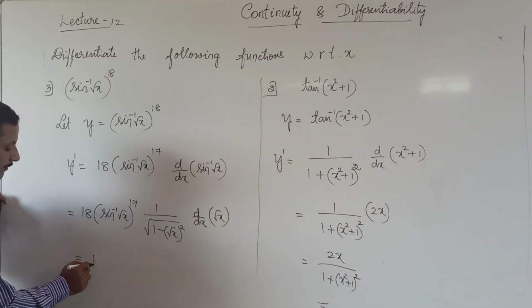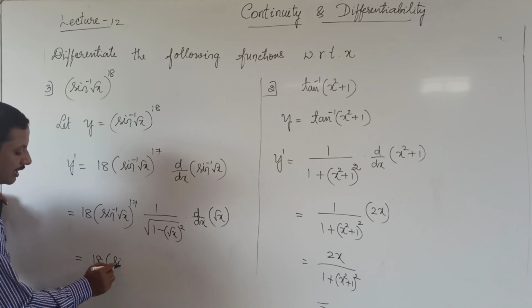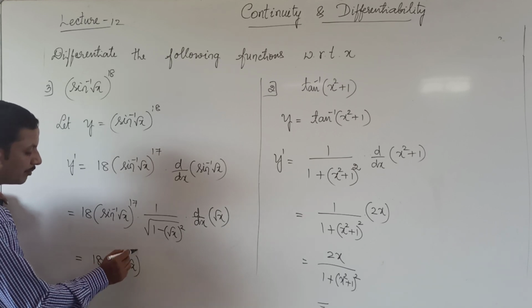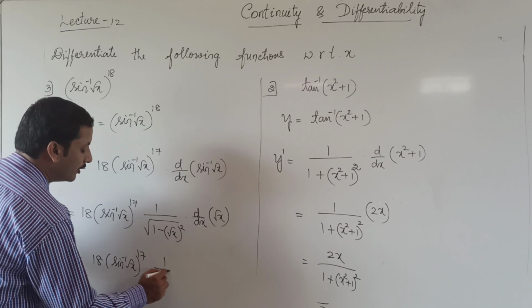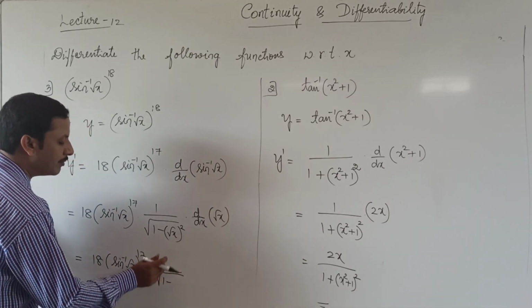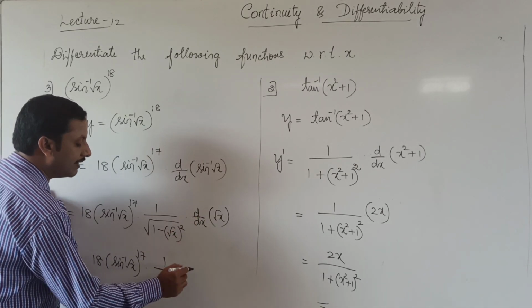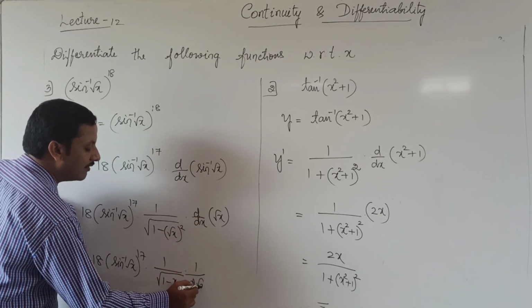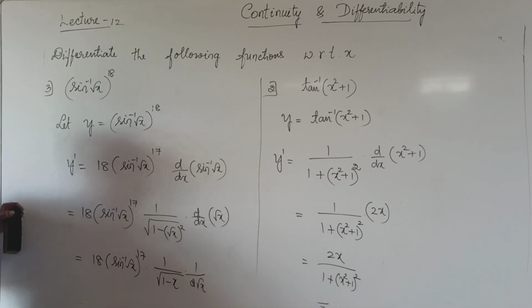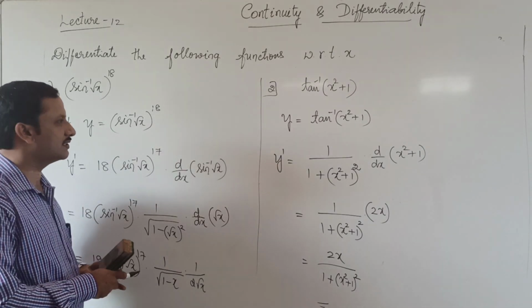That's equal to 18 into sin inverse root x whole power 17 into 1 by root of 1 minus x, into derivative of root x, which is 1 by 2 root x. Okay, this is the answer.